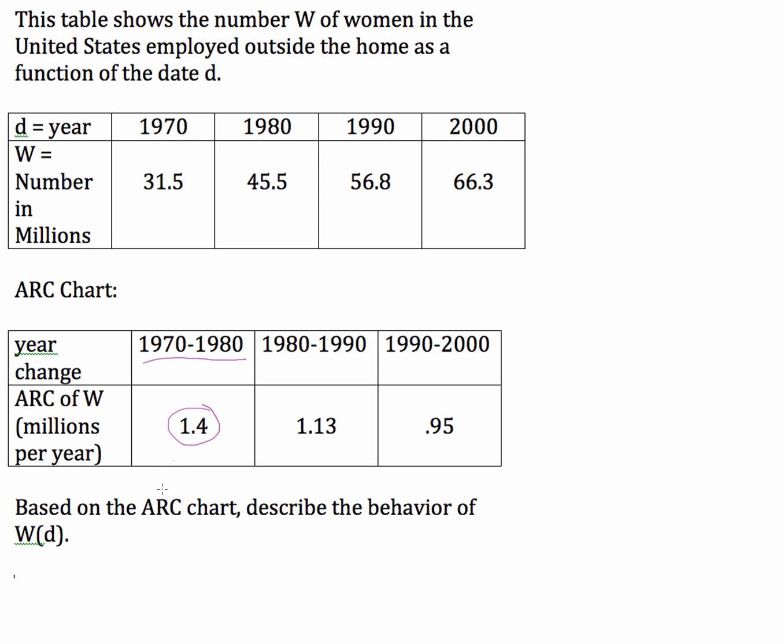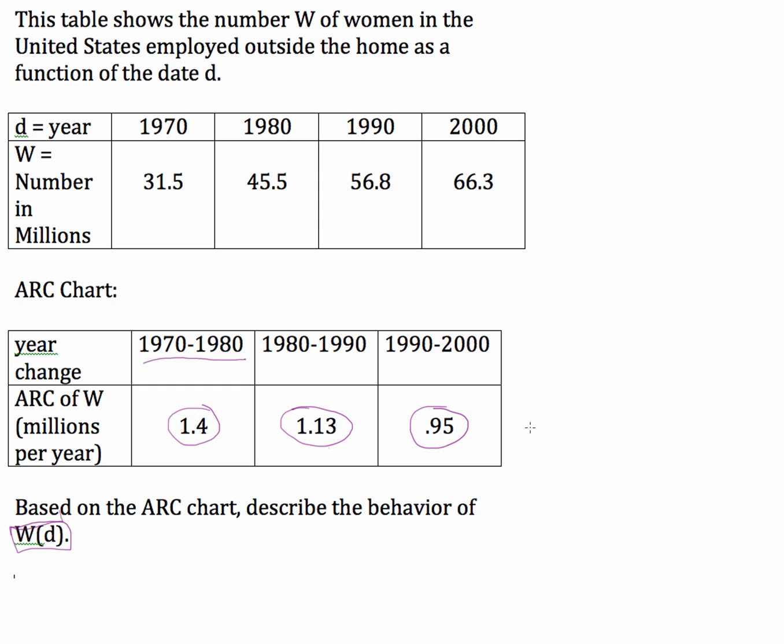So based on what we learned about concavity and the rates of change increasing and decreasing, and based on this average rate of change chart, we want to describe the behavior of the function W of D, so the number of women working outside the home. So notice that the average rate of change is 1.4, then it goes to 1.13, then to 0.95.